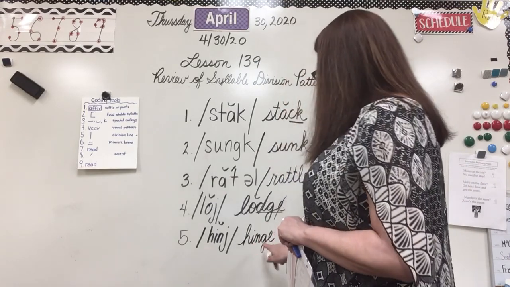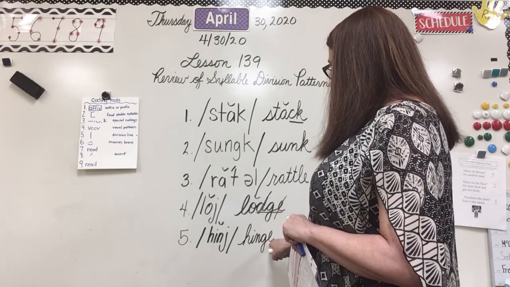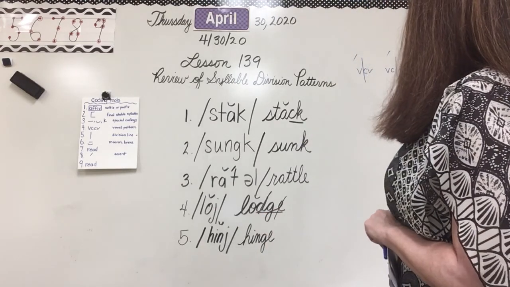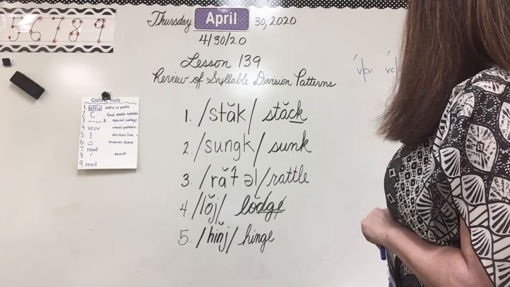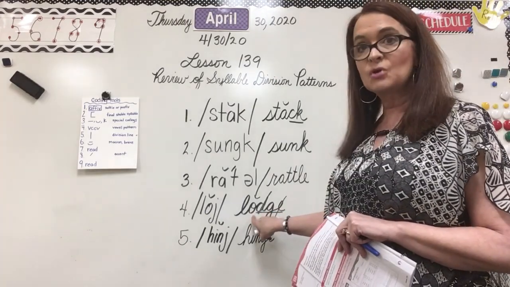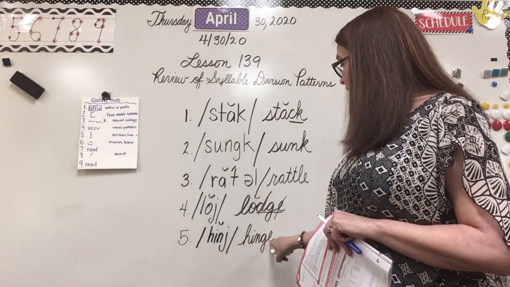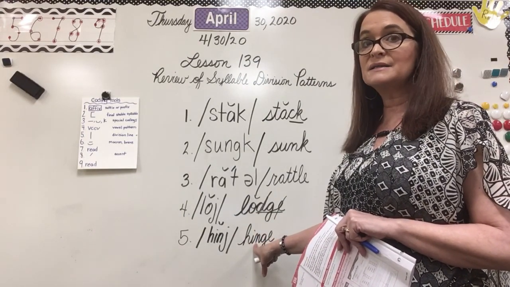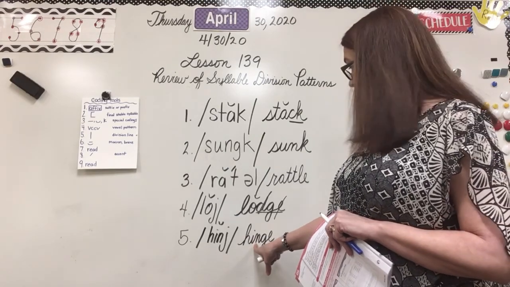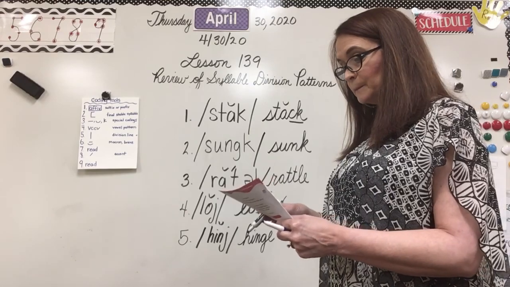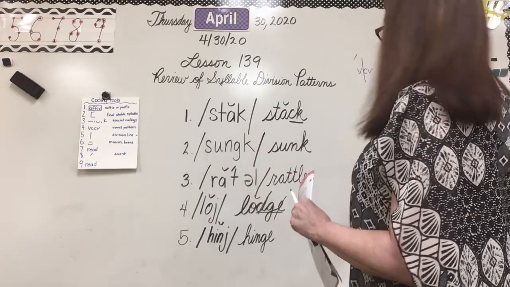H-I-N-G-E. Now, why did I use G-E instead of D-G-E? Because on my final J spelling words, D-G-E comes after a short vowel, and G-E comes after anything else. So this is a consonant. It's not a short vowel. So we would use G-E. Very good. Now, look at number 6.